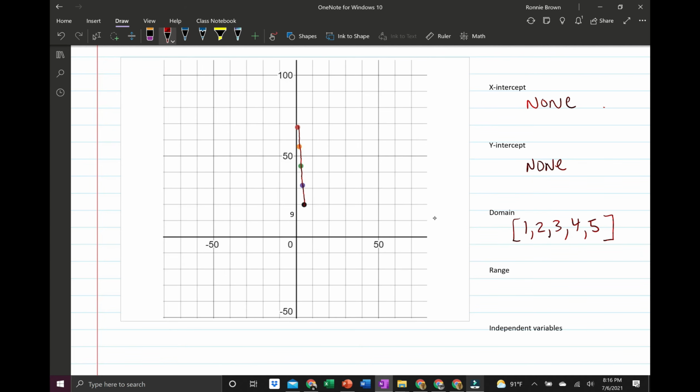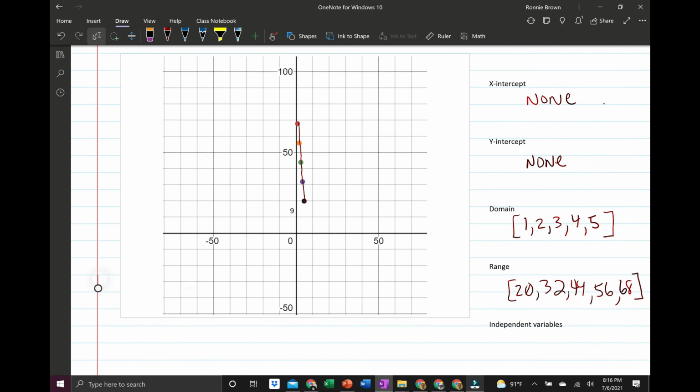The range are your outputs, your y values. So our y values were 20 centimeters, 32, 44, 56, and 68 centimeters. So we have our domain and range.